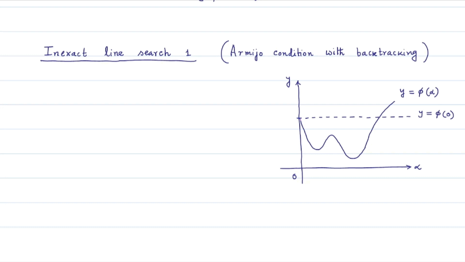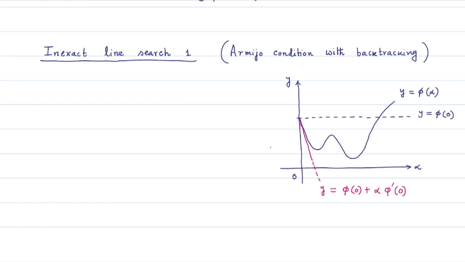The tangent at alpha equal to 0 is given by this line. The equation of this tangent line is y is equal to phi 0 plus alpha times phi dash 0.